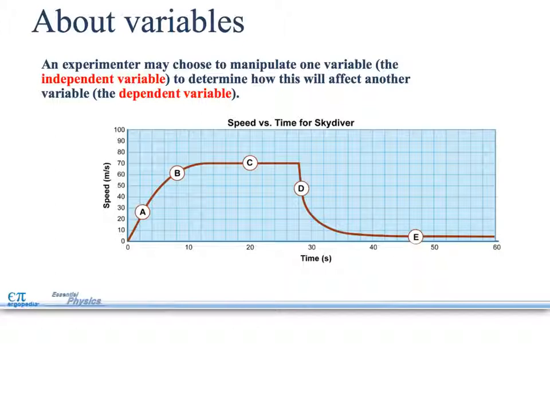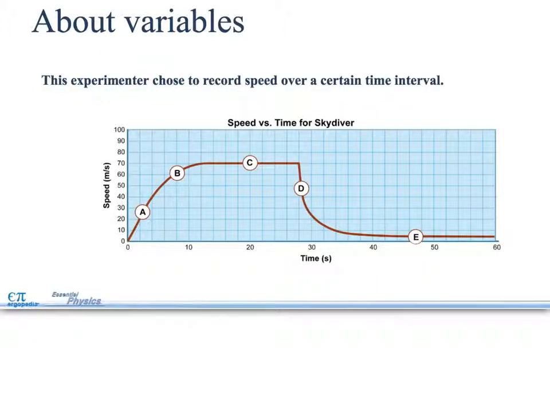An experiment may choose to manipulate one variable, the independent variable, to determine how this will affect another variable, the dependent variable. It is important to know which one is independent and which is dependent. In this experiment, the experimenter chose to record speed over a certain time interval. So we have speed on this axis and time on the x-axis.